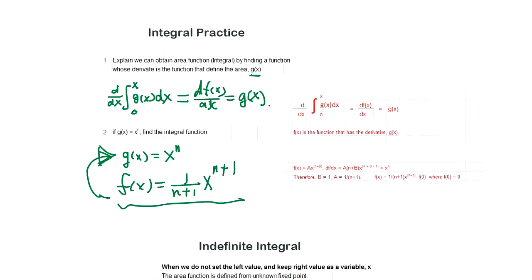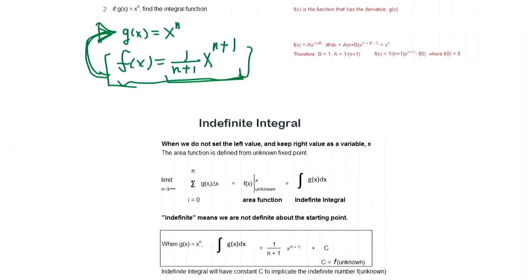We use that knowledge and figure out what that integral function is. It looks like an opposite process. Then we know how to take an integral of a function. Okay, is it complicated? If you feel this is going too fast, you can stop the video and repeat watching and digest it.